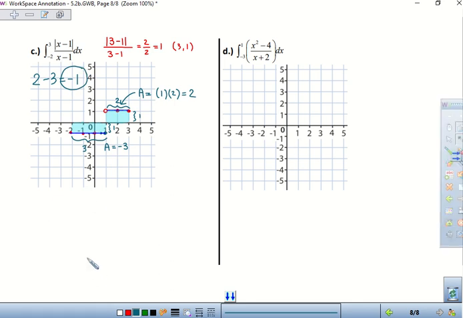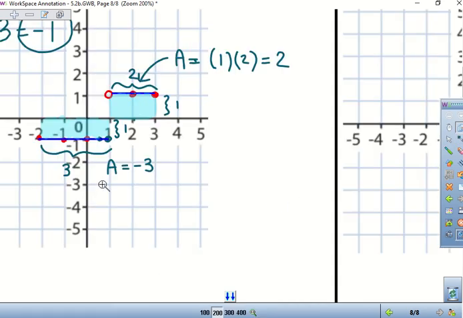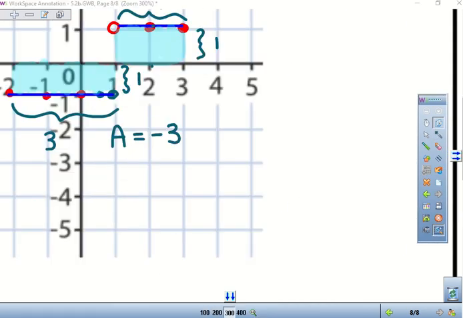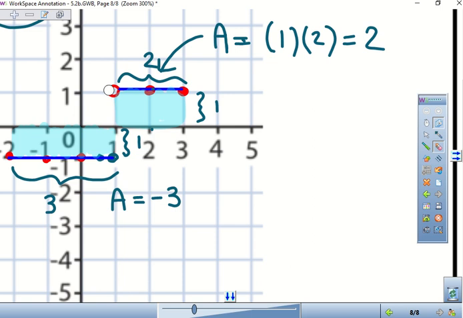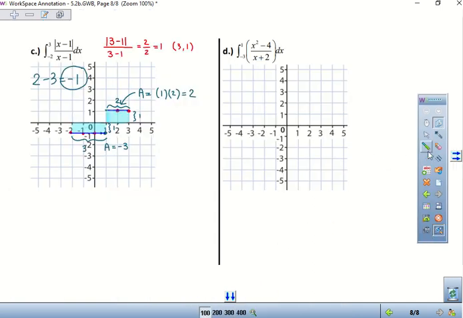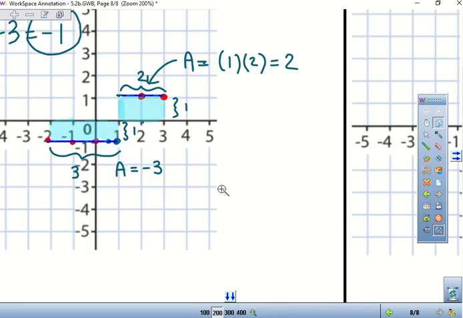Why wouldn't it make a difference if the open circle's on the bottom? Because if you want to throw out the open circle, we can literally take it out. It doesn't matter. It doesn't matter where your open circle is.